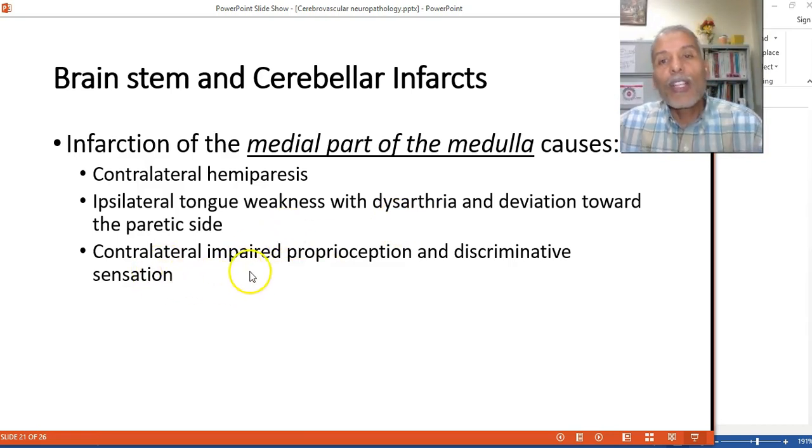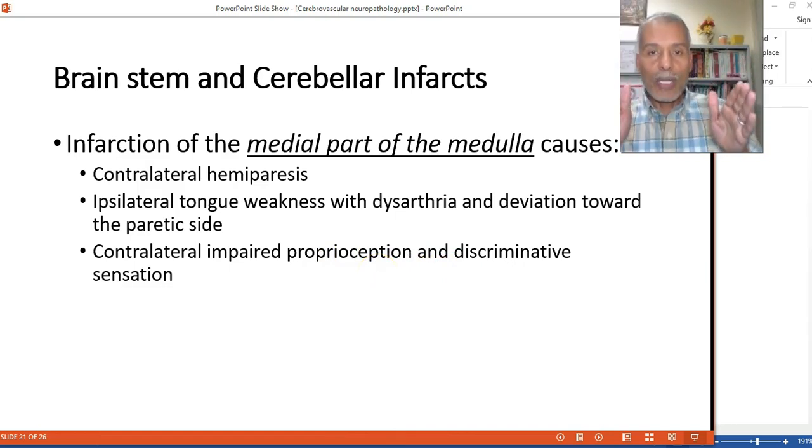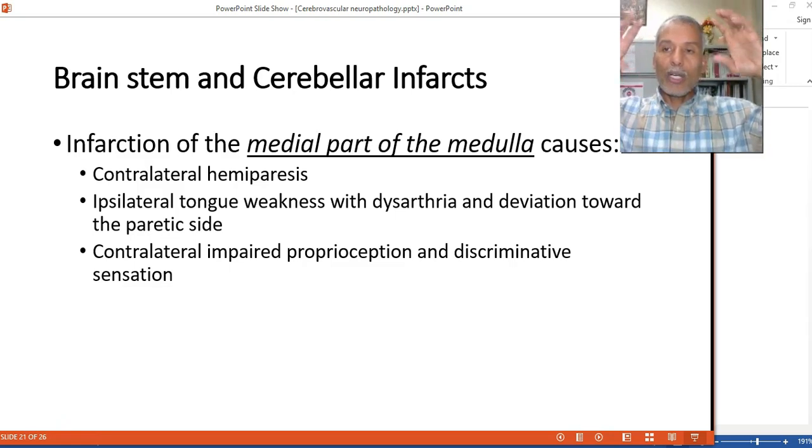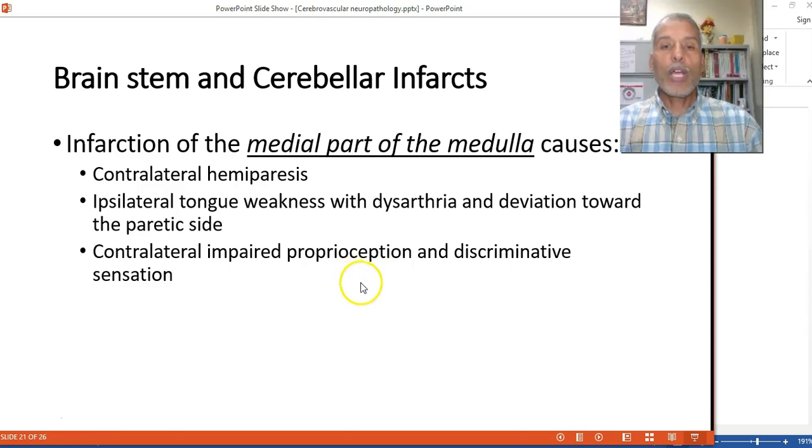And then contralateral impairment of proprioception and discriminative sensation. Proprioception is the sensation, sometimes called the sixth sense, the sensation that we get from our joints and our muscles about how they are adjusting in space, how they are moving, what direction they are moving, and whatever is going on, we feel that proprioceptive feedback, and we adjust our movement and our posture accordingly.